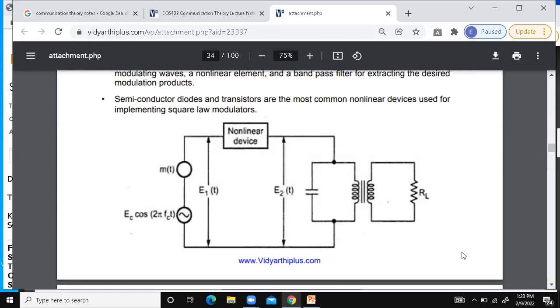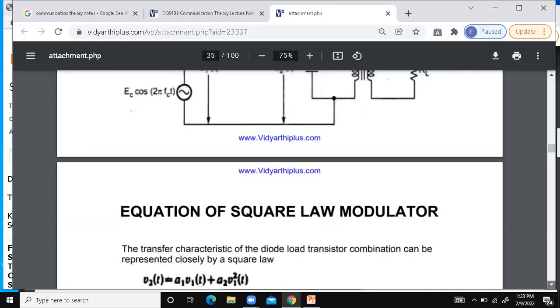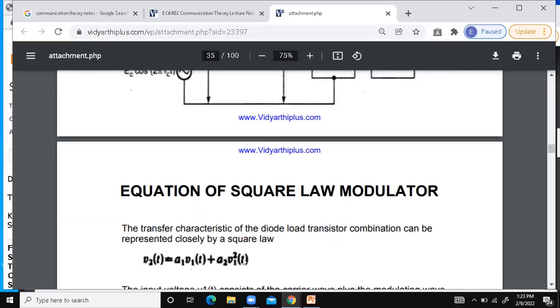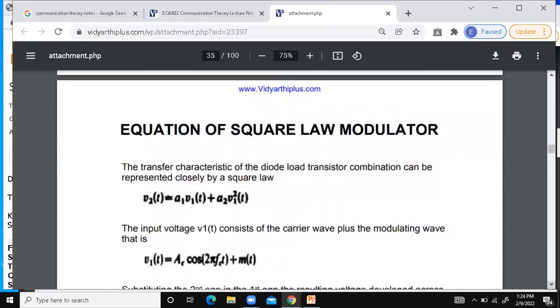Right? For a transistor diode load, the scalar representation is given by this. The input voltage V1 consists of the carrier wave plus the modulating wave. That is, V1 is this, as stated before.